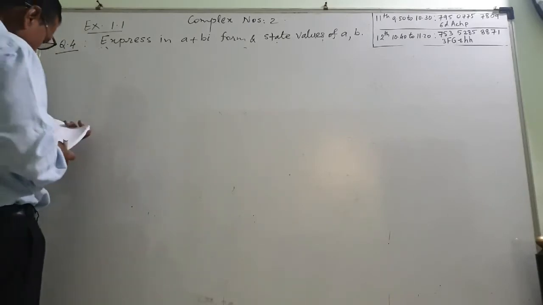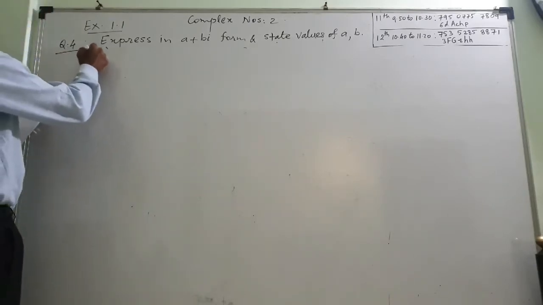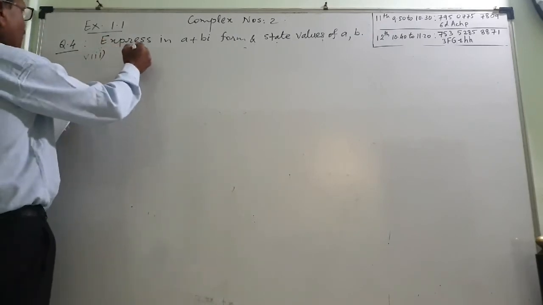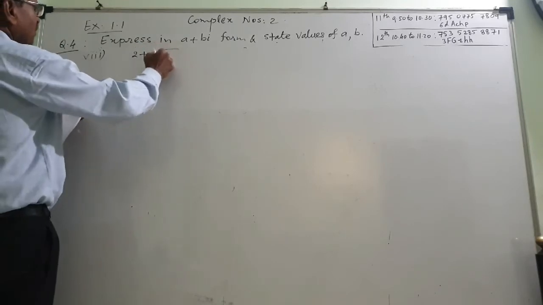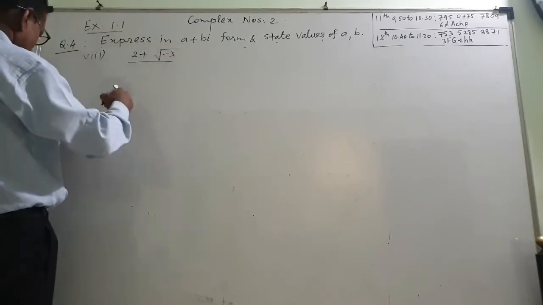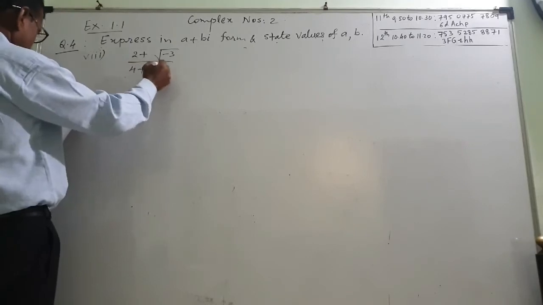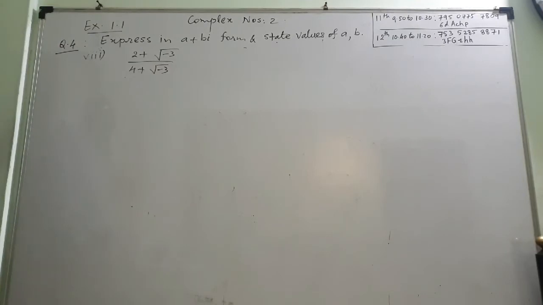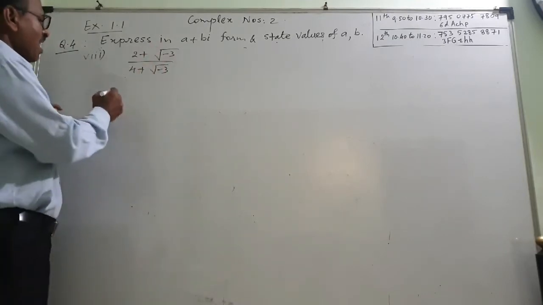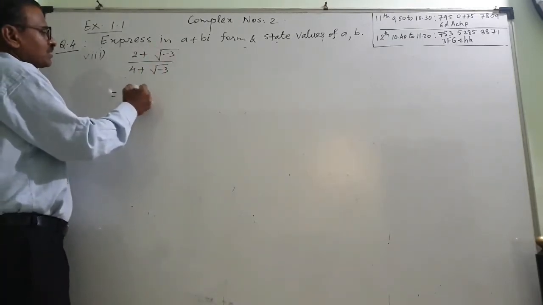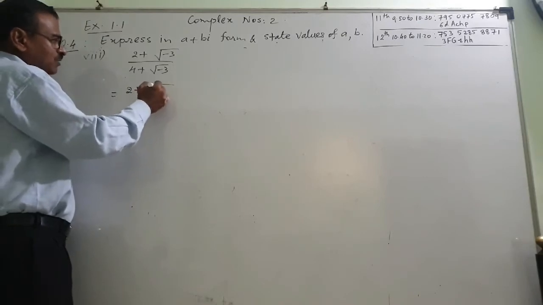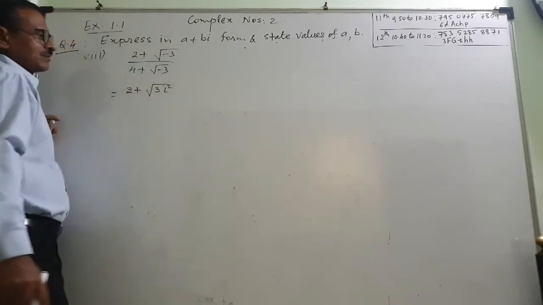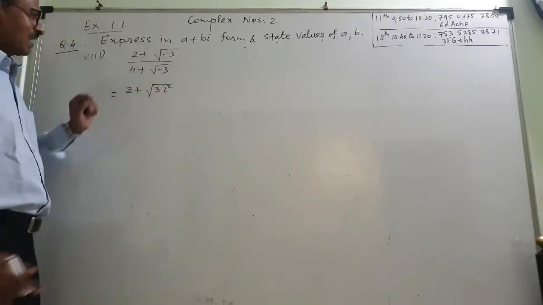So, the eighth one: 2 plus root 3 upon 4 plus root 3. There is no i. We can put it here, i. That is equal to 2 plus root 3, minus 1 means i square.